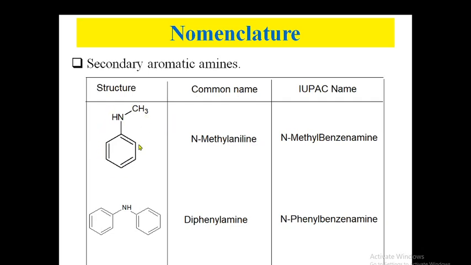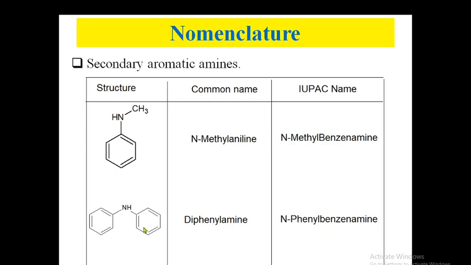Aniline is the parent here, and the methyl group is present on nitrogen, hence the name is N-methyl aniline. Now let's turn toward the IUPAC name. We have seen that the parent aniline has the IUPAC name benzenamine, and as the methyl group is present on nitrogen, the name becomes N-methyl benzenamine.